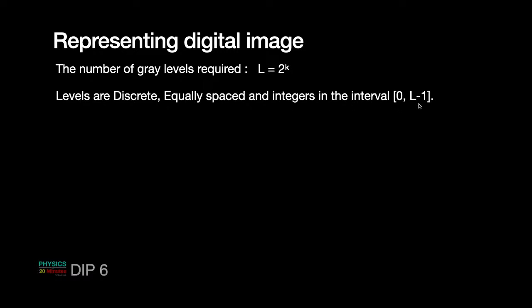So again, although this will generate a certain number of intensity levels, they are counted from 0 to L minus 1. So if you have 8 levels, you will start counting from 0 to 7. If you have 256 levels, then you start counting from 0 to 255.